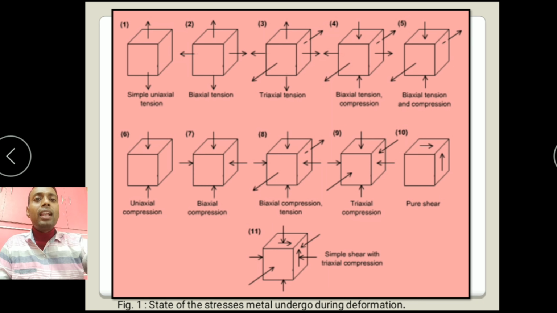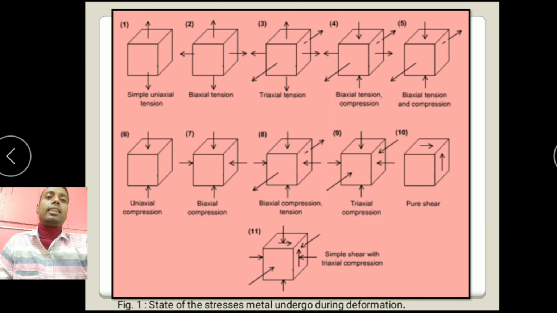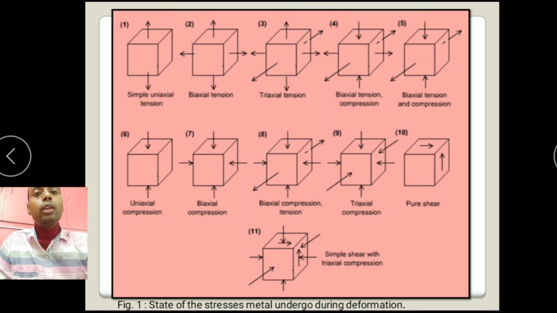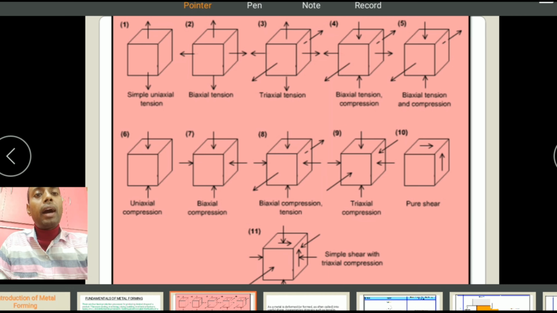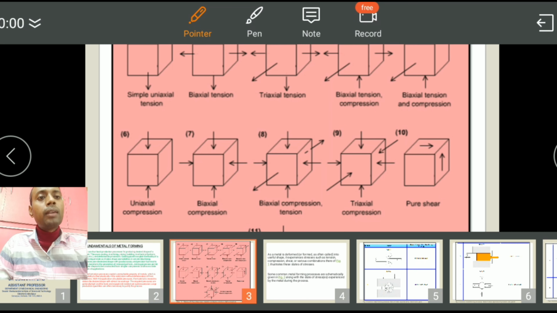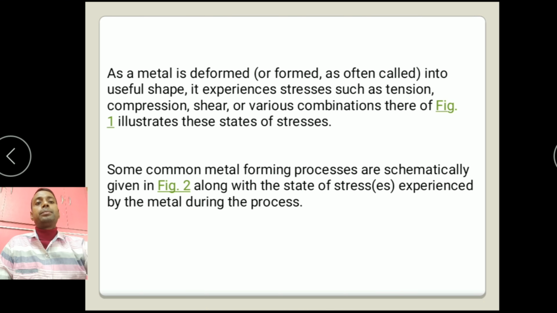One is simple axial tension, uniaxial tension, biaxial tension, triaxial tension, biaxial tension and compression, uniaxial compression, biaxial compression, biaxial compression and tension, triaxial compression, pure shear and simple shear with triaxial compression.